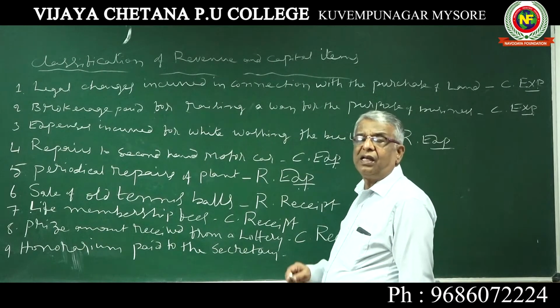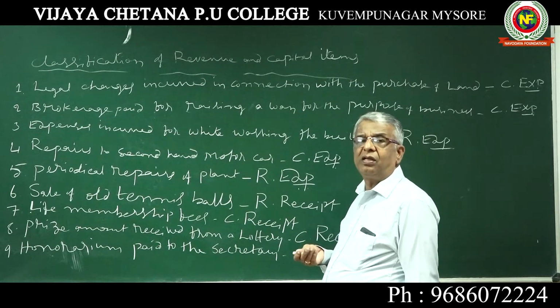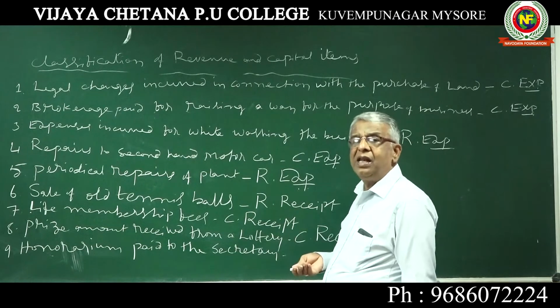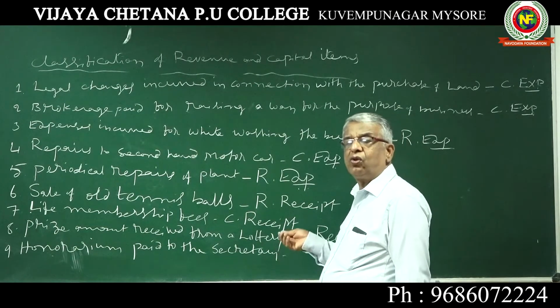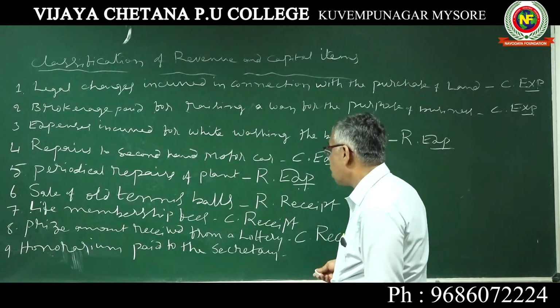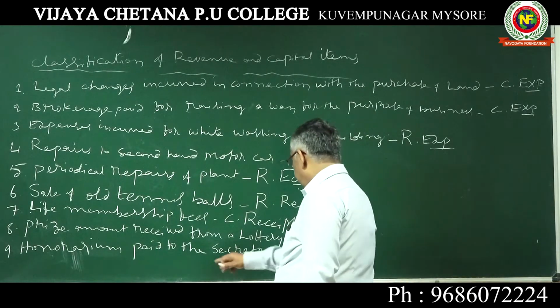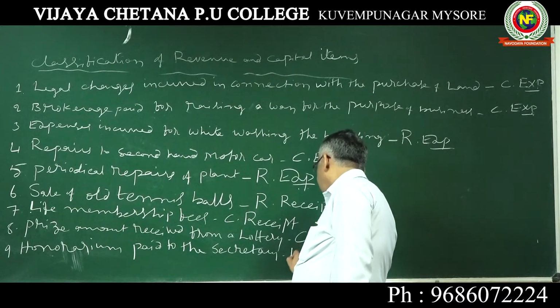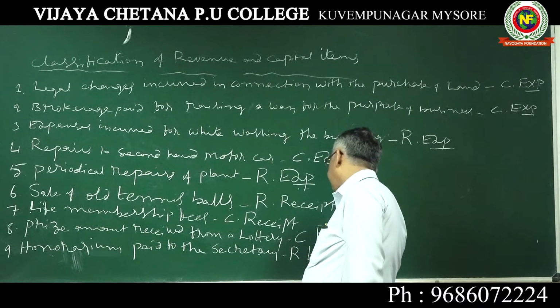They may pay every year or every month, whatever may be the case. This has to be shown on the expenditure side of the income and expenditure account. So this honorarium paid to the secretary is a revenue expenditure.